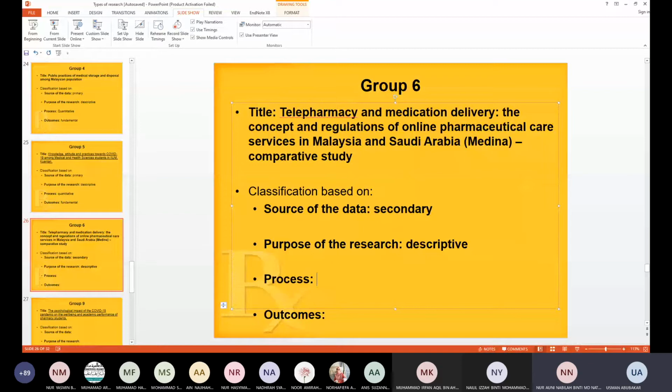How about the process? What kind of studies do you want to include? Is it quantitative alone or qualitative or both? I think the main is qualitative, but we are not very confident yet about the quantitative. Maybe mixed, but the main will be qualitative.